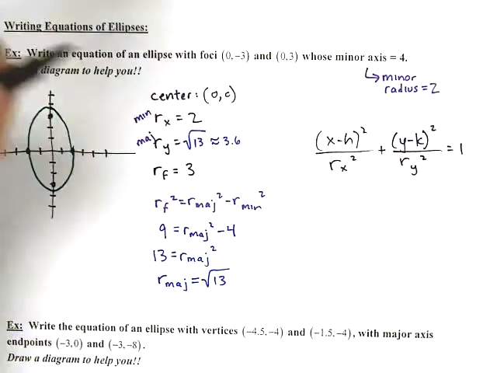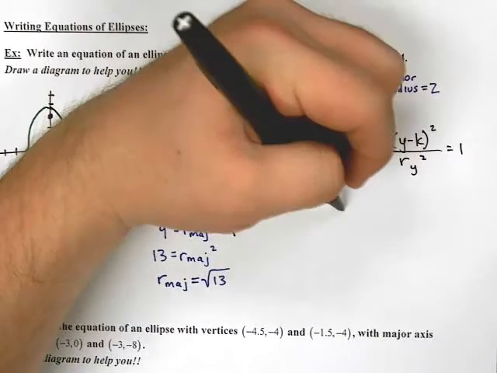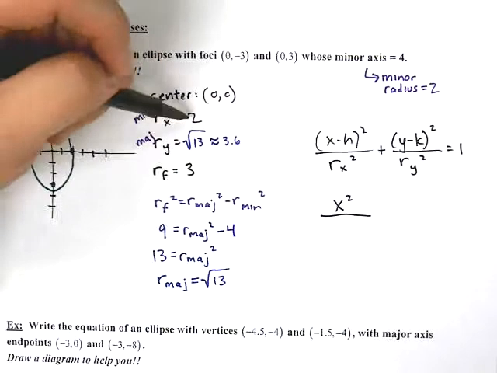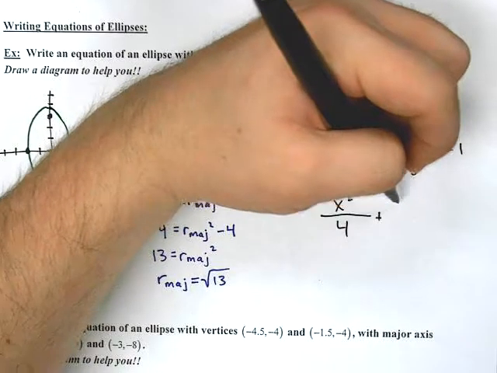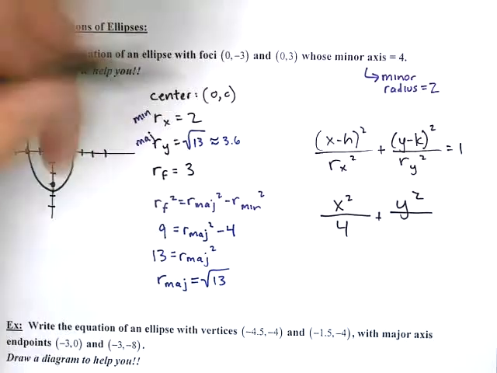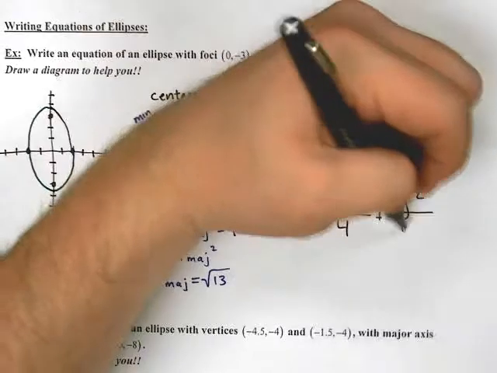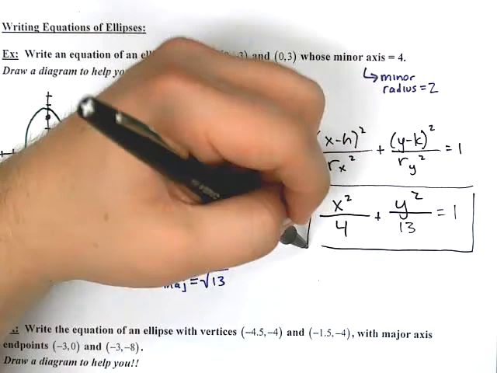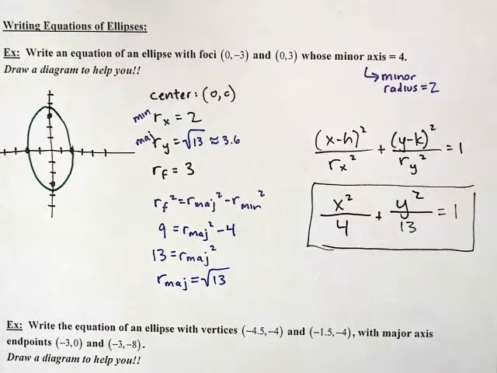We'll plug some stuff in. We know the center is (0, 0), so we have x squared over my r sub x is 2, so 2 squared is 4. And I have y squared over, well, r sub y is square root 13. Square root 13 squared is just 13. And so now I have the equation that I am looking for.